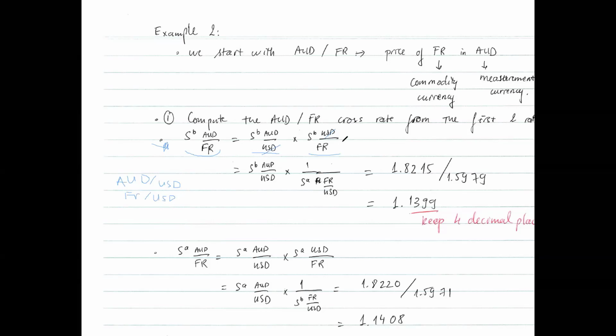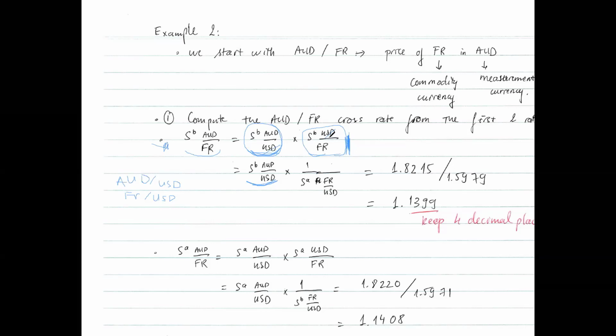If we look at this equation on my right-hand side, if I look at the table, I can look up this number directly, right? This is just the left-hand side rate for the Australian divided by USD exchange rate, okay? So this number would be found directly in the table. My second component is the bid rate for the US divided by the franc exchange rate.